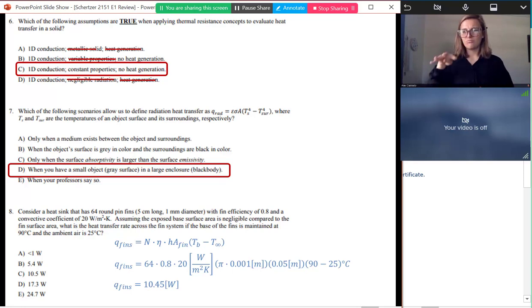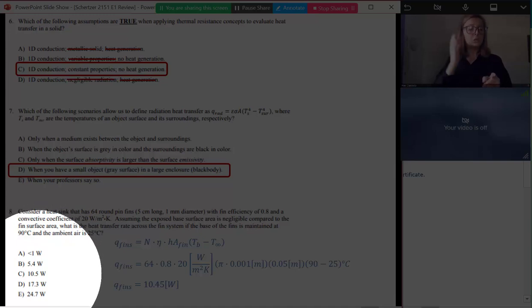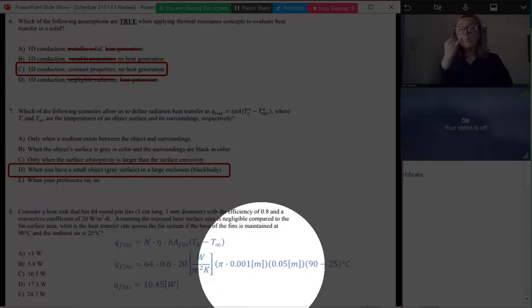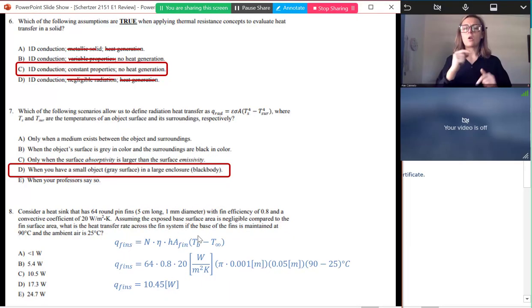Now I know that this is an approximation, that there could also be a little bit of area on the tips of the fins. So if it was 10.5 watts, right, it'd be a little bit higher. So 10.5 seems reasonable. If there was another answer here that was maybe like 11 watts or something, I would maybe go back and look at this area calculation and add the tip area of the fins.